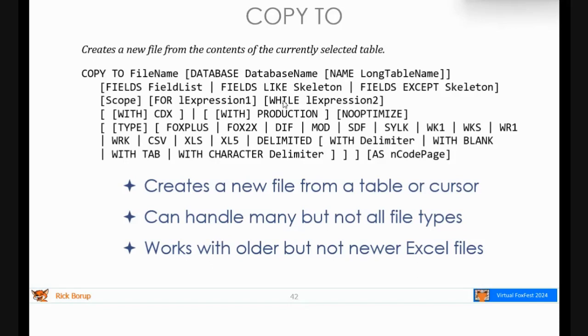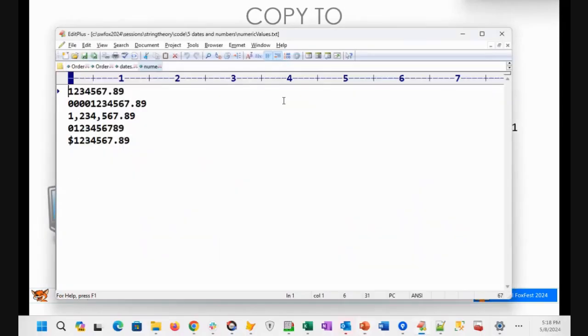So it's useful up to a point. Beyond that, we may have to roll our own with low-level file functions, which we'll do in a minute. But COPY TO has the same clause that APPEND FROM did, and that's the DELIMITED clause. That'll become important depending on the type of file that we want to create. So let's see some examples of that.